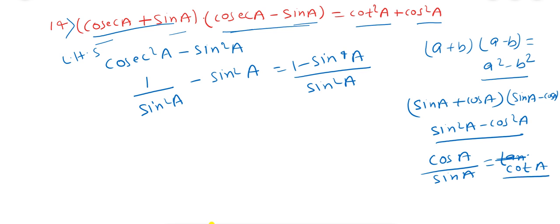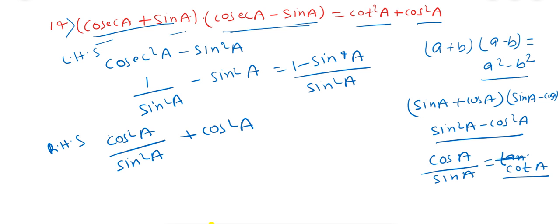It's fine. Now from the LHS we have proceeded this far. Now we will start from the RHS. From the RHS side, cot square A I can write as cos square A divided by sine square A, plus cos square A. Cos square A I will take common, and this is 1 by sine square A plus 1.